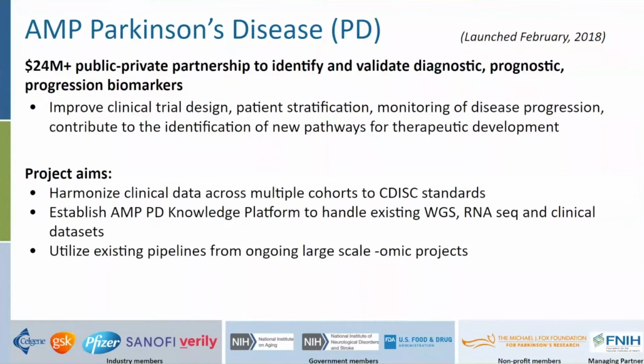This partnership is managed through the Foundation of the National Institutes of Health. The goal of this partnership is to transform and accelerate drug development in Parkinson's disease by providing the expertise and support needed to determine which biomarkers show the greatest potential for predicting PD and its progression.